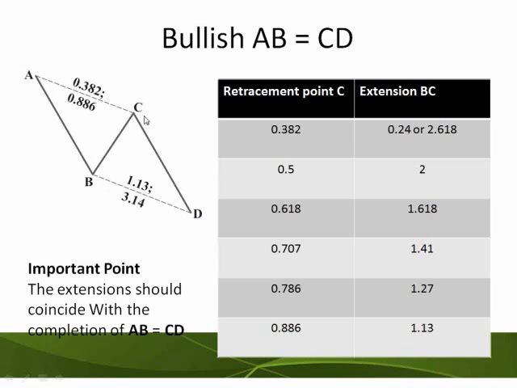Let's just say that point C is a retracement of 38.2% of that initial move. So we get a bit of an impulse move, we then get a retracement to point C. The next move from C to D, that last downward section there, should equal the distance from A to B in number of points, or rands and cents if you're trading the shares.